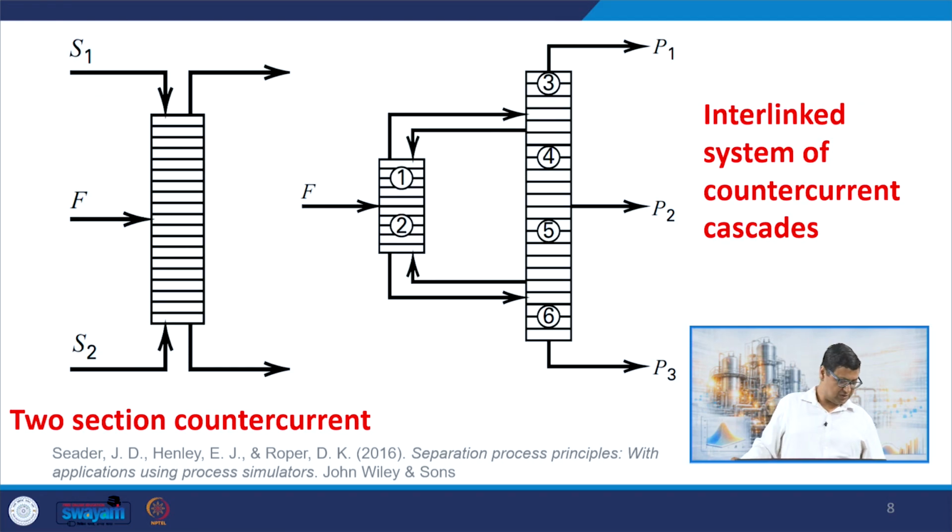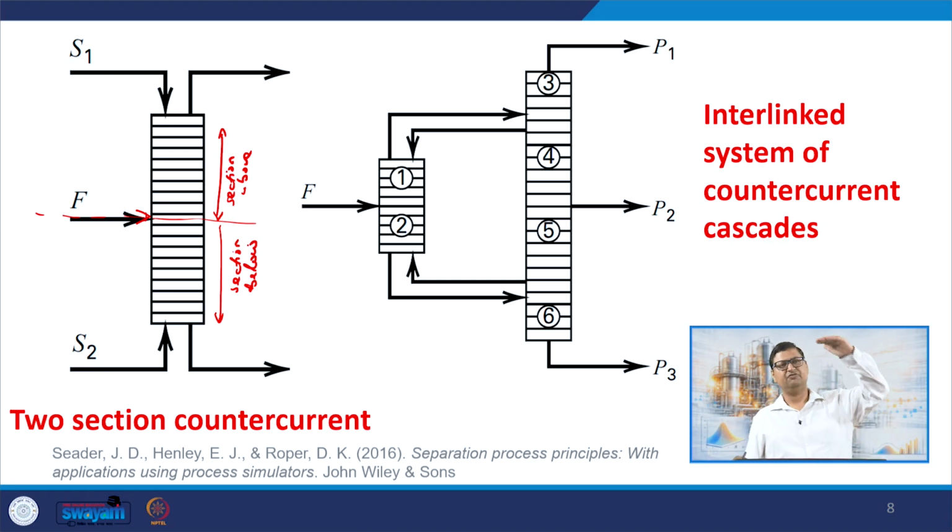Okay, we can also have 2-section counter current or 2-section cross current cascades, right? For example, here the feed comes in the middle, and now we can think about the section above the feed line and section below the feed line, and the 2 sections are going to behave differently, what is above the feed and what is below the feed, right?